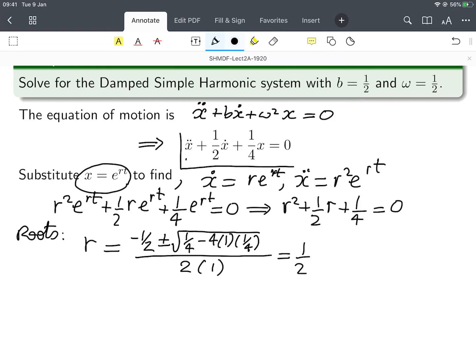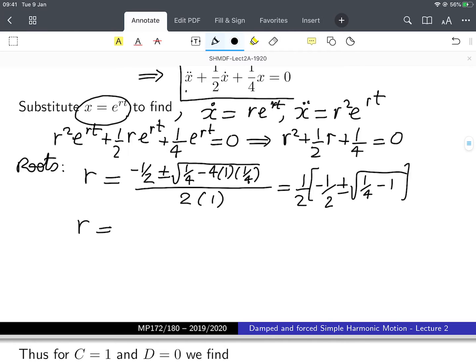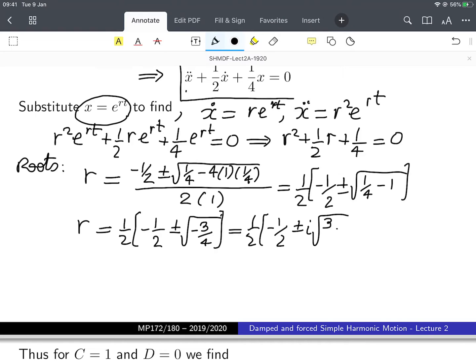So I end up with a half of minus a half plus or minus the square root of a quarter minus 4 times a quarter, that's 1. So I keep going: a half of minus a half plus or minus the square root of a quarter minus 1, that's minus 3/4. So I have the square root of a negative term, so I'm going to have complex roots here. A half of minus a half plus or minus i square root of 3/4.